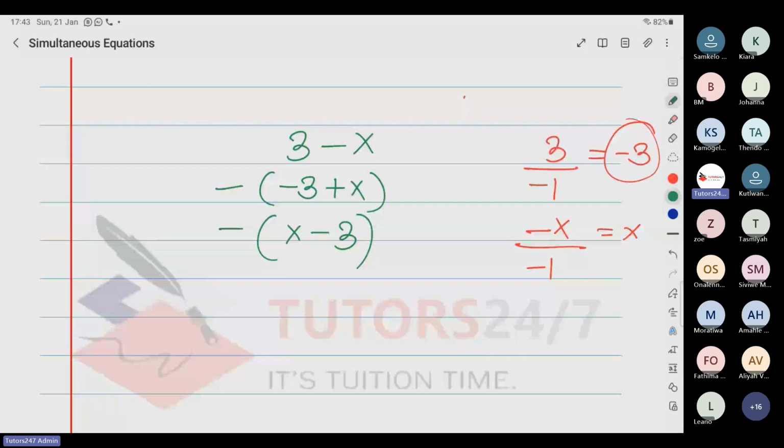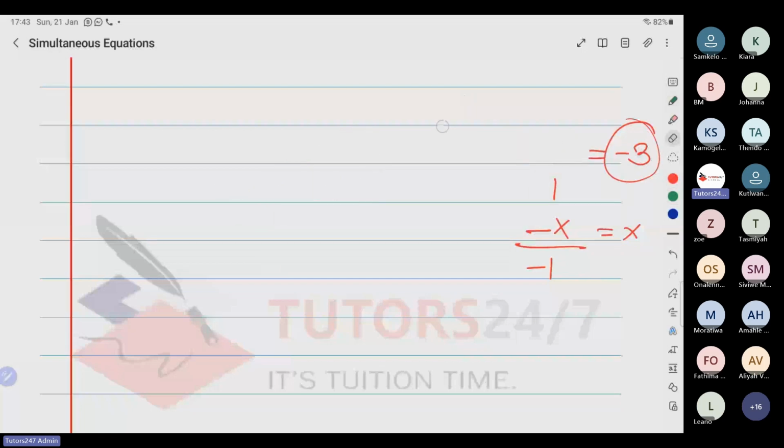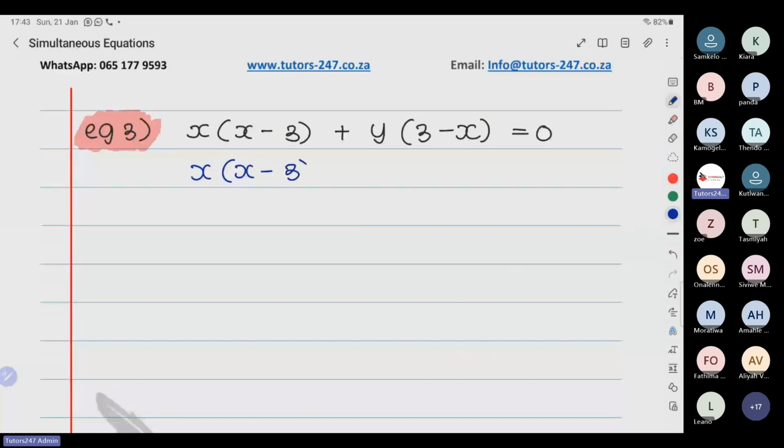So from here, all we are going to do is take out a common factor of -1. So we have x into x minus 3 minus y into x minus 3 equals 0.